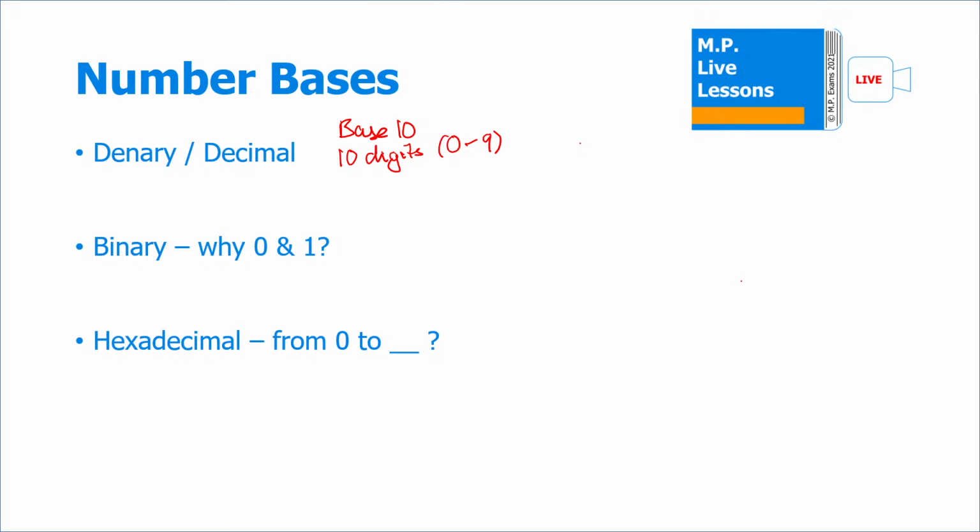Whereas binary is base 2 and has 2 digits. On the left you can see there's 0 and 1 because there are 2 states, if you like, for electricity.